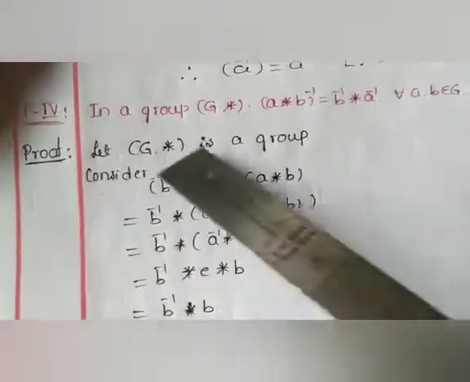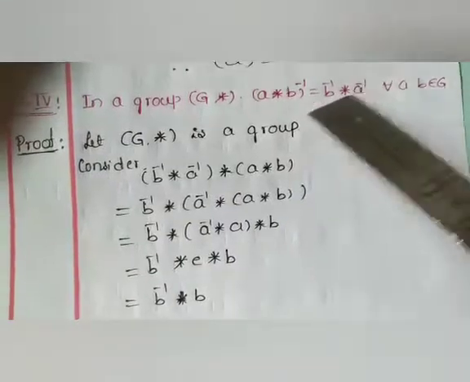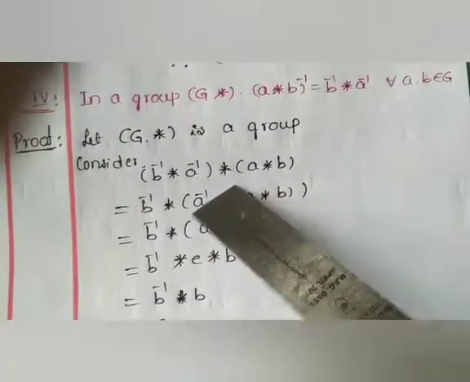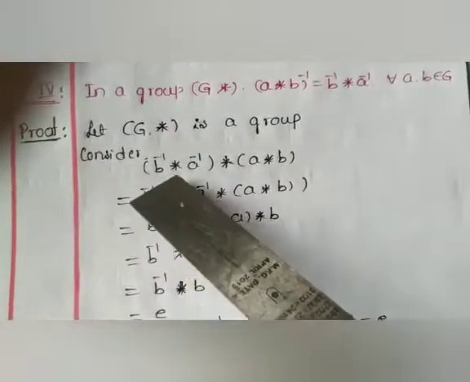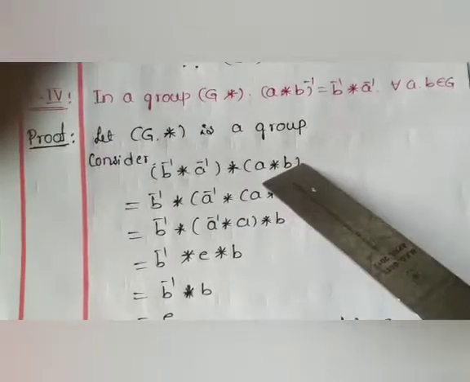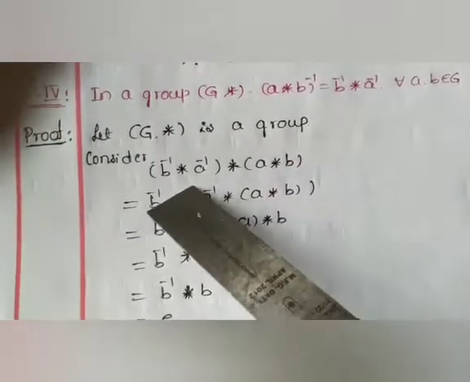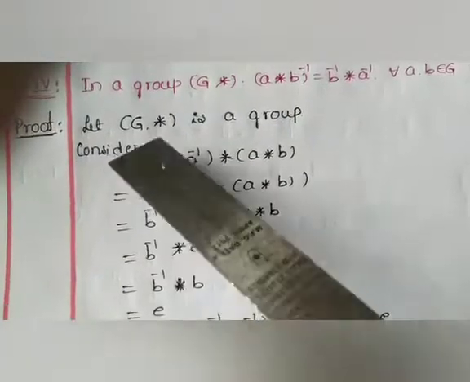Again recall that (G, *) is a group. Consider this expression: B inverse star A inverse, star A star B. The result should be E. How is it possible? Consider B inverse star A inverse in one bracket, and between them star, in another bracket A star B. You can freely change the bracket because of the associative law. I put the B inverse as it is.